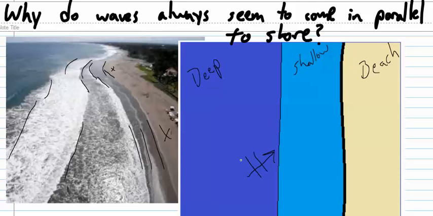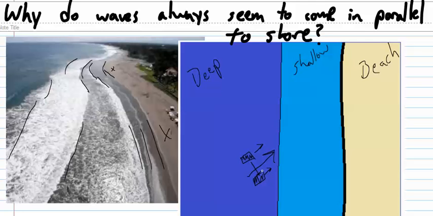I'm just going to delete them so they don't mess up my drawing, but you've got a wave coming in that direction. What you do is you pretend that perpendicular to the arrow, you've got wheels, and these wheels are traveling along with the wave, and they're going to come towards shore.